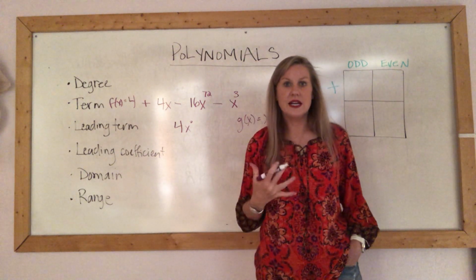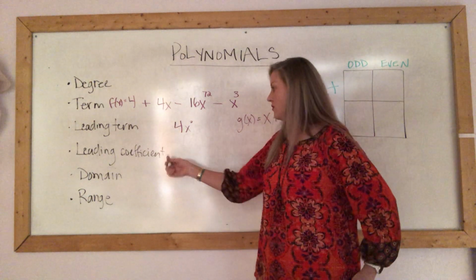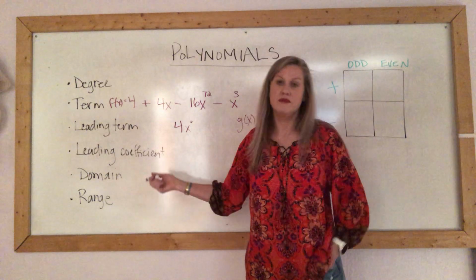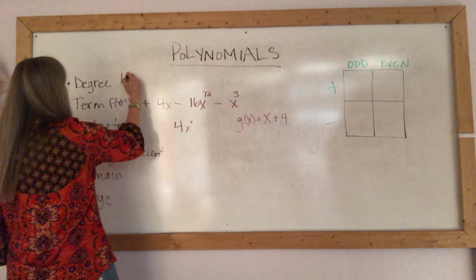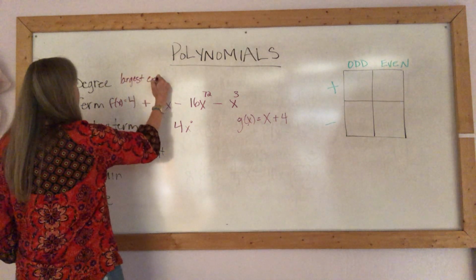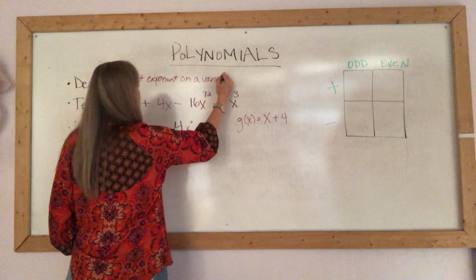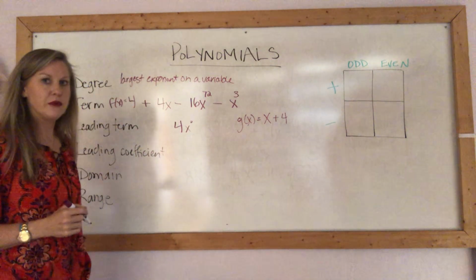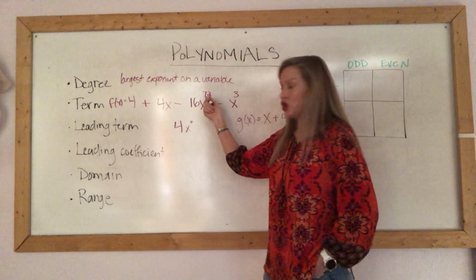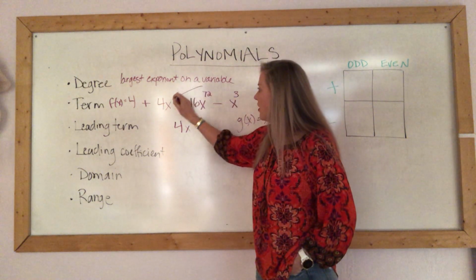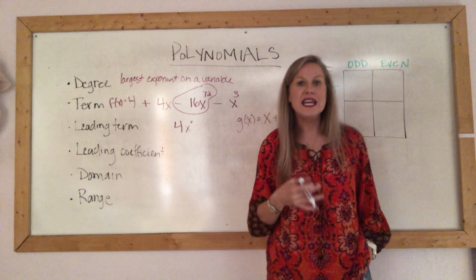So degree is going to come in real important when we start talking about end behavior and when we start talking about domain and range. Well, specifically range. So the degree is the largest exponent on a variable. Once you identify the degree, that term is now called the leading term.